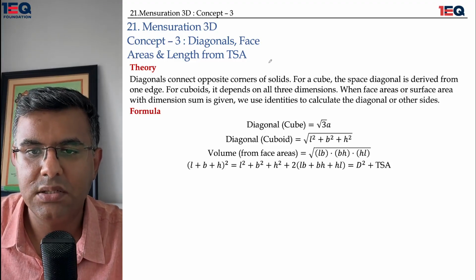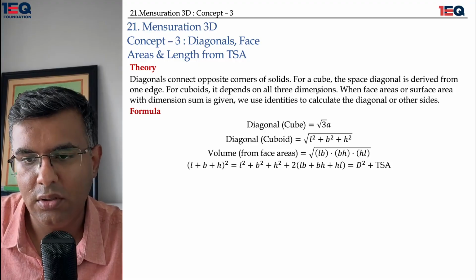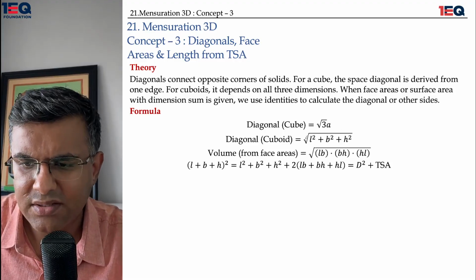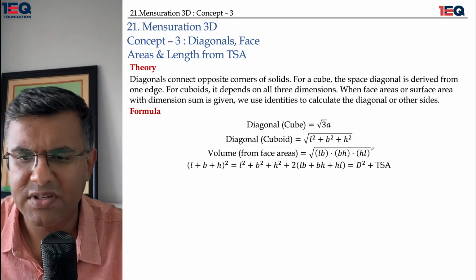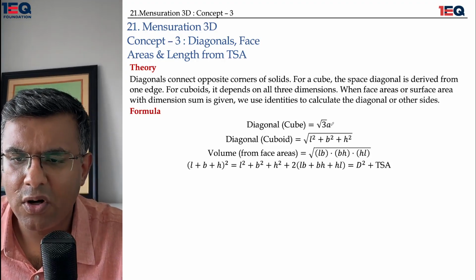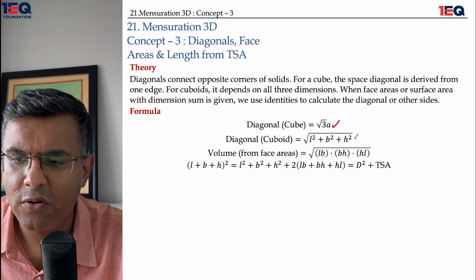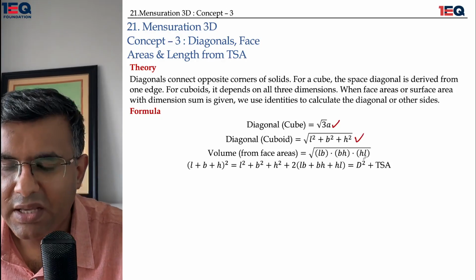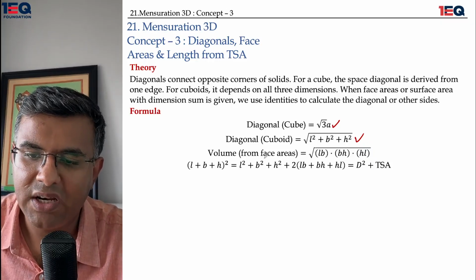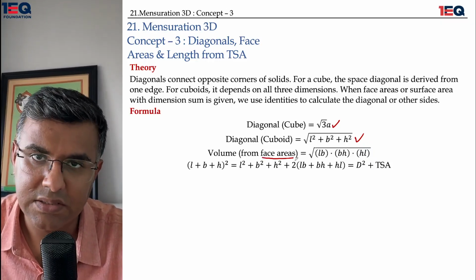The next question is particularly on diagonals and one or two more special formulas. We have already talked about the diagonal of cubes. We have already talked about diagonals of cuboid. There can be a situation where you are given just the face areas.